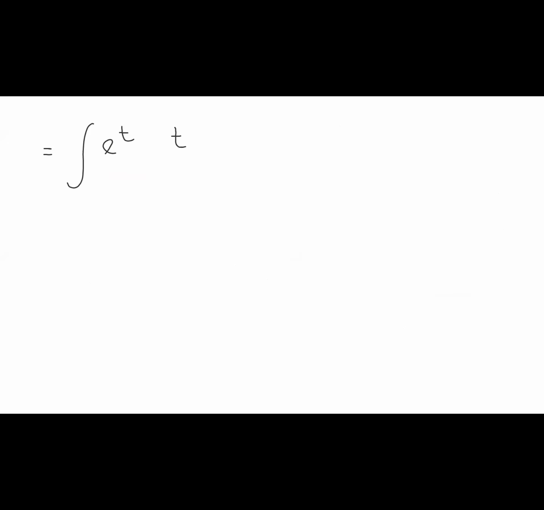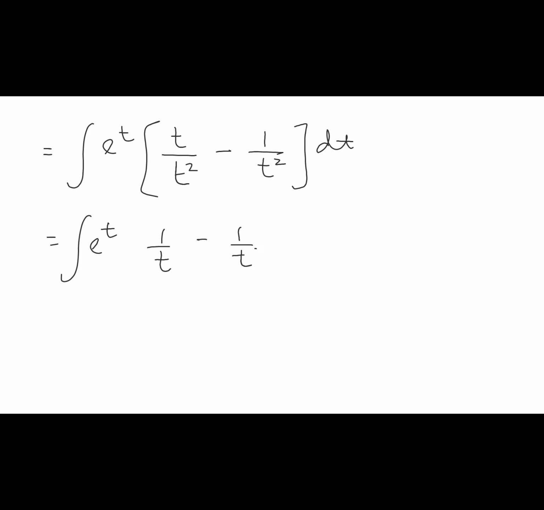E raised to t, t upon t square minus 1 upon t square dt. So e raised to t, 1 upon t minus 1 upon t square dt.